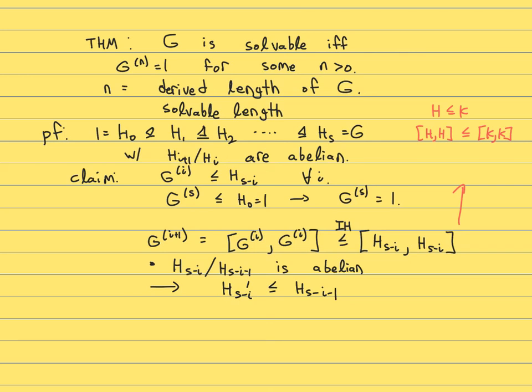That was a proposition from the previous video. And so that gives us the conclusion we wanted, that's i plus 1. So it boils down to the base case, which is a trivial case because G to the 0 is just defined to be G, and H sub s is also defined to be G.